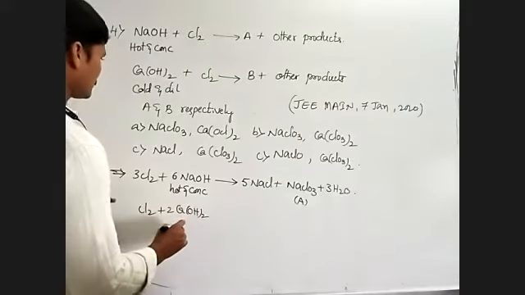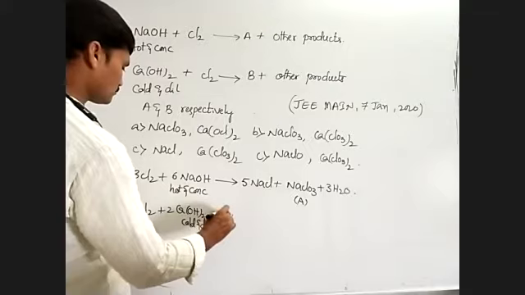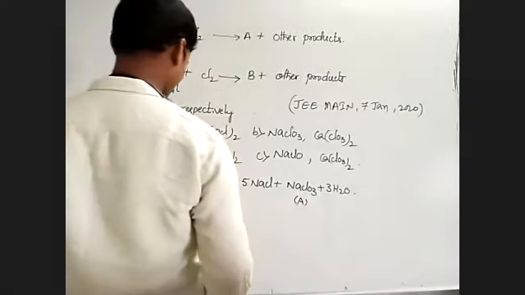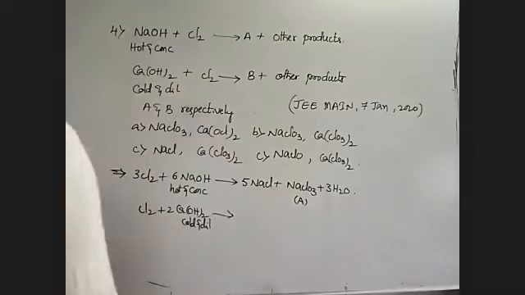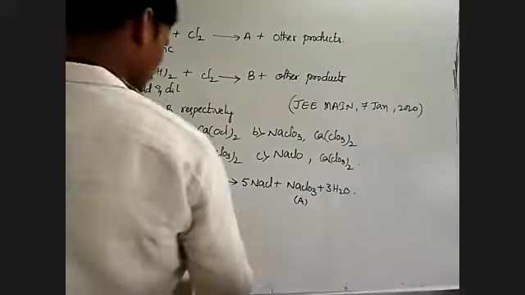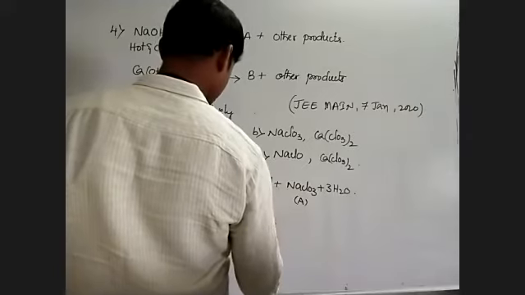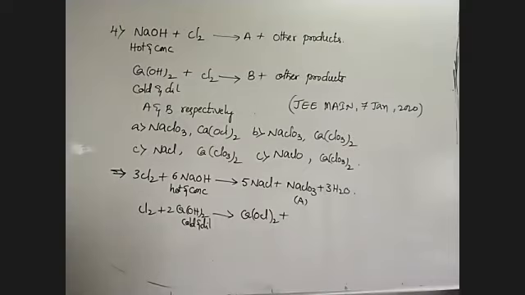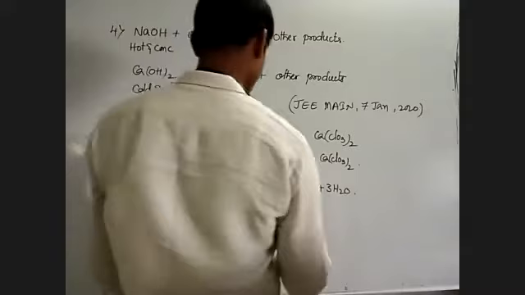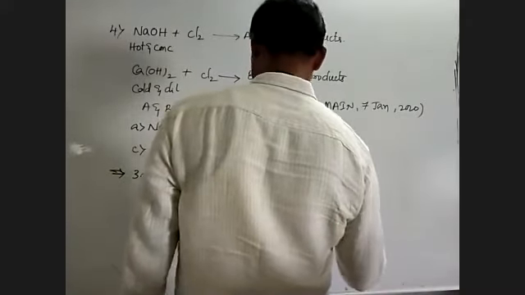Next, when chlorine combines with calcium hydroxide, cold and dilute, it forms Ca(OCl)2, and the remaining CaCl2 plus H2O.